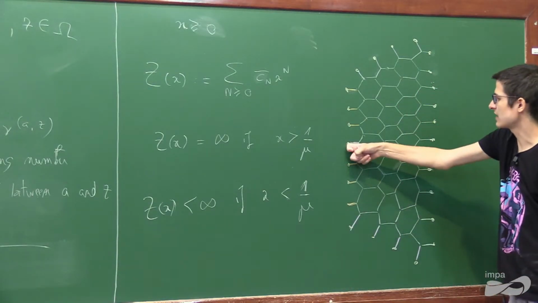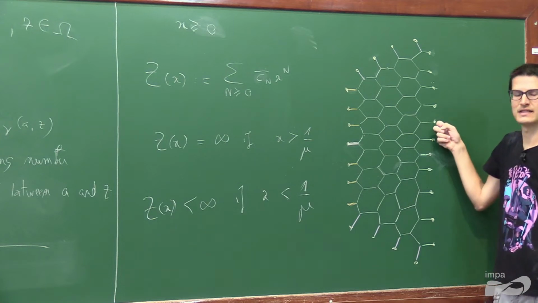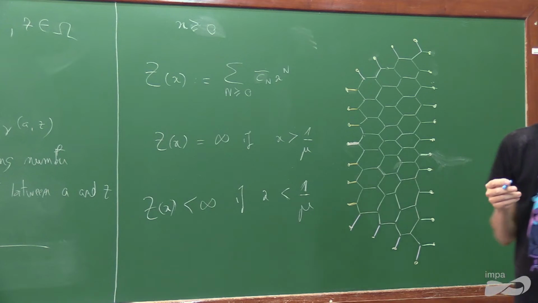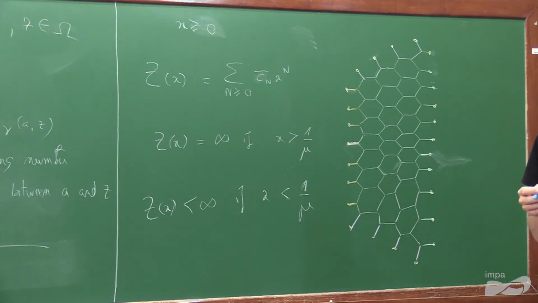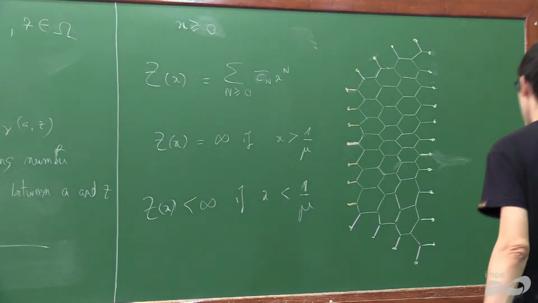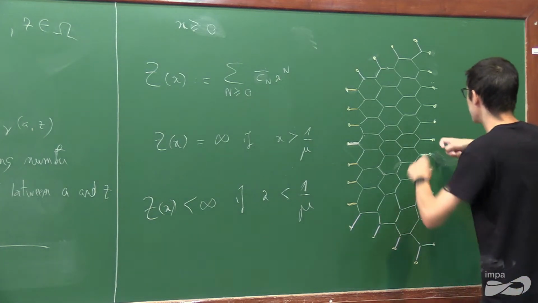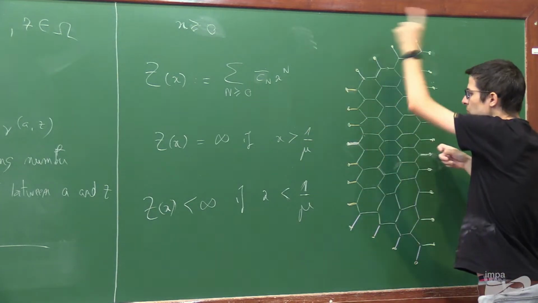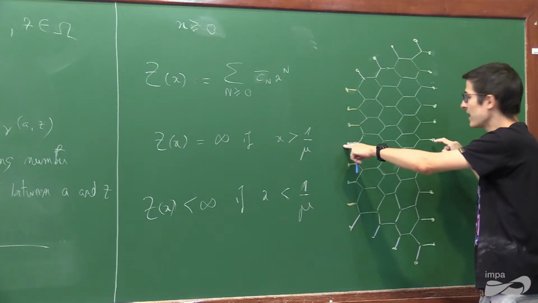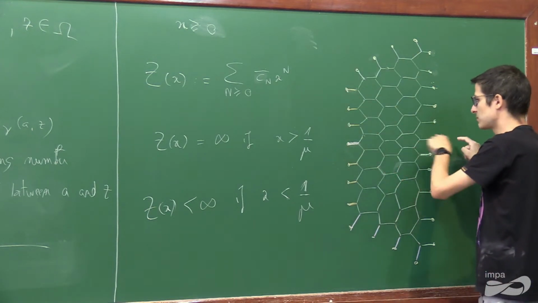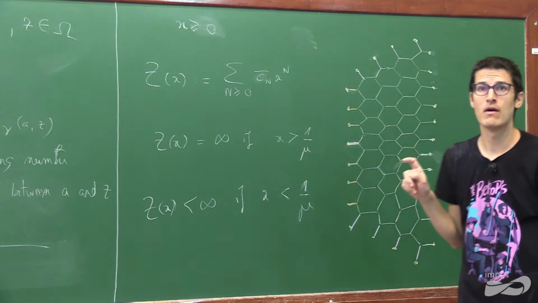So because of this, for instance, if I have a walk starting from here and ending up there and that stays in omega, I know that the winding number is going to be 0. I can just extend it into a loop for which the winding number will be 2 pi. I know the winding number of this part is 2 pi, so this part has to have winding number 0.